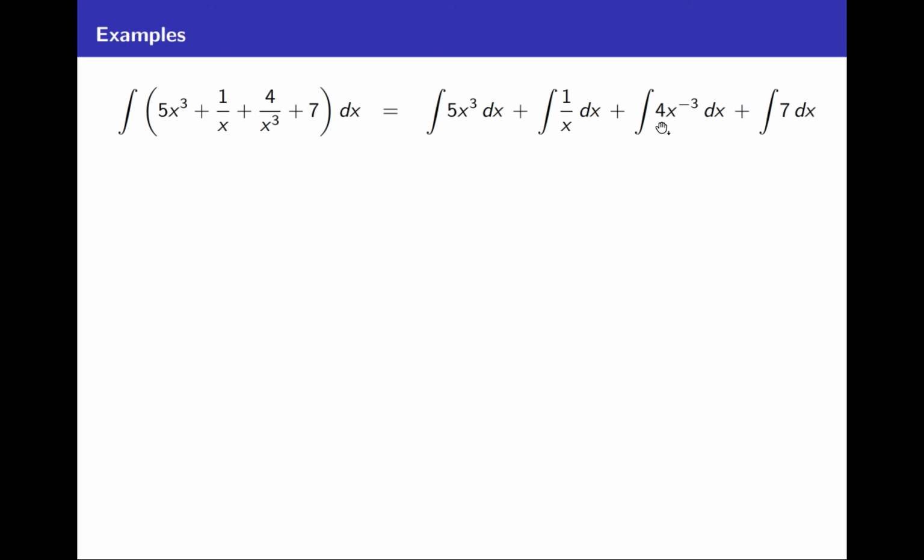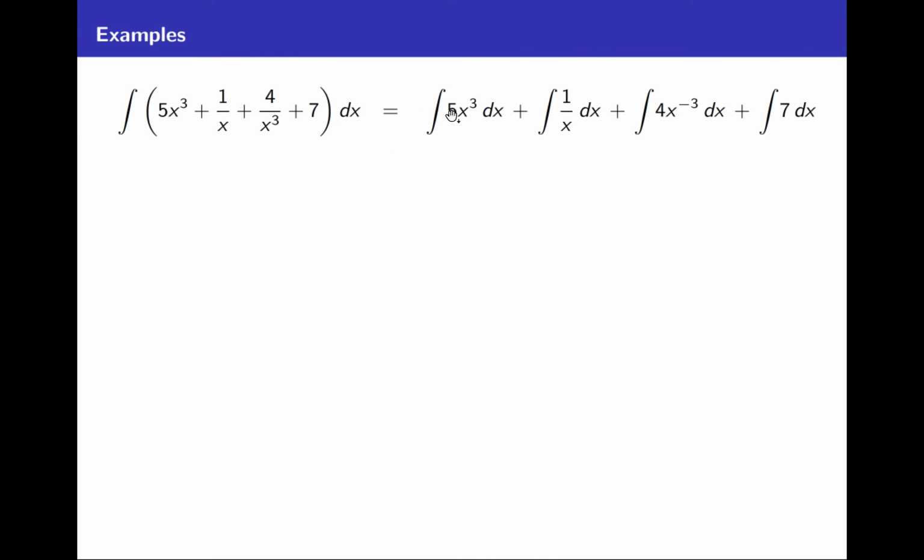Now, notice that I've brought the x cubed on the bottom up to the top as a negative power, because you can see that we're probably going to want to use the power rule for integration momentarily. And then lastly, we have the integral of 7 dx. So we've broken this complicated integral up into 4 simpler integrals using the sum difference rule.